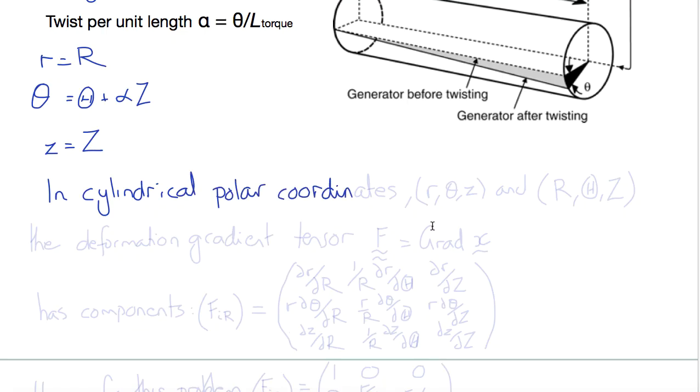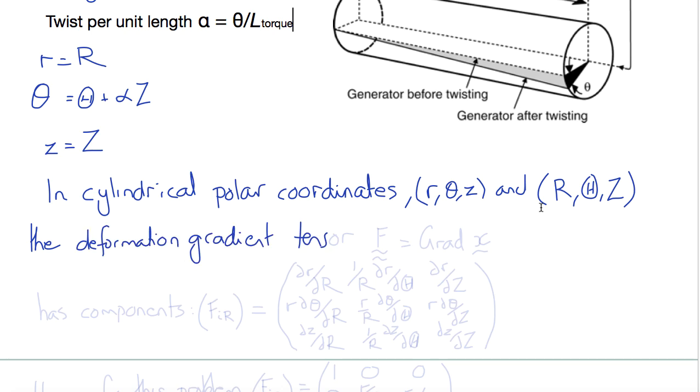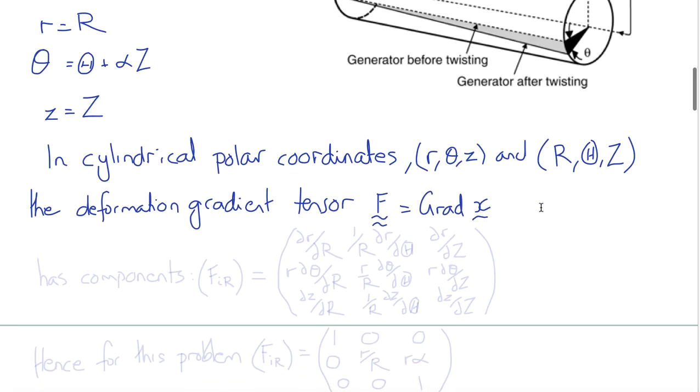In other words, where our deformed coordinates, instead of being little x, y, z, are little r, theta, z, and our undeformed coordinates are capital R, capital Theta, capital Z. So the deformation gradient tensor would no longer just be partial derivatives, and in fact the proper definition in polar coordinates of the grad of x, where the capital G indicates a gradient with respect to undeformed coordinates, would look like this, where the components F_iR would be del little r, del big R, just as you would expect.